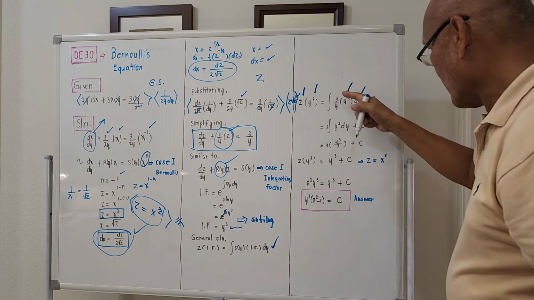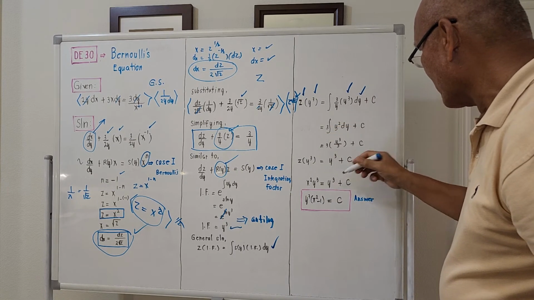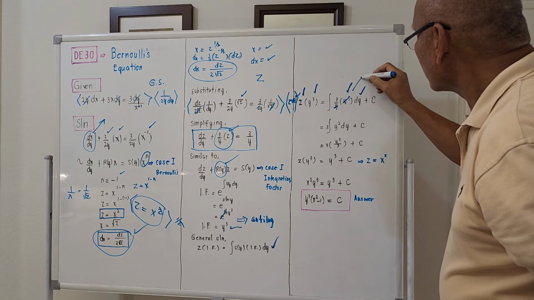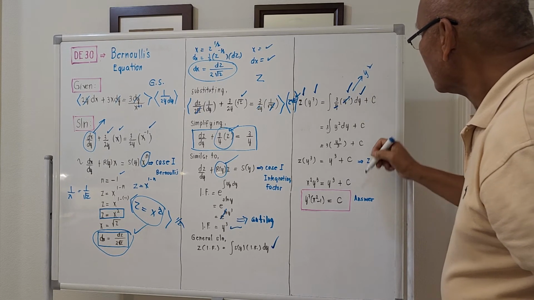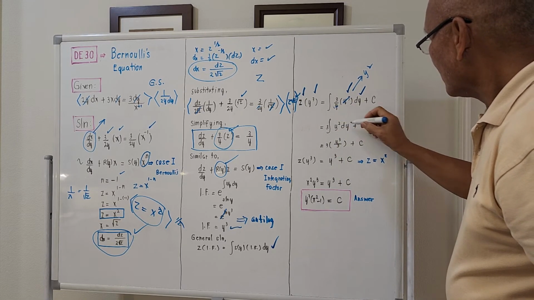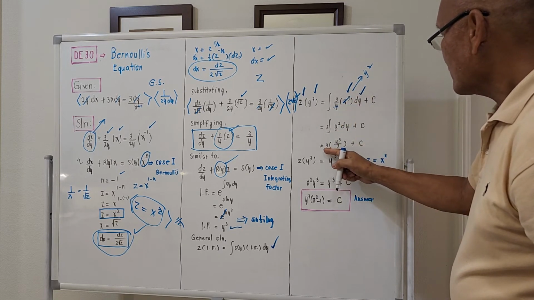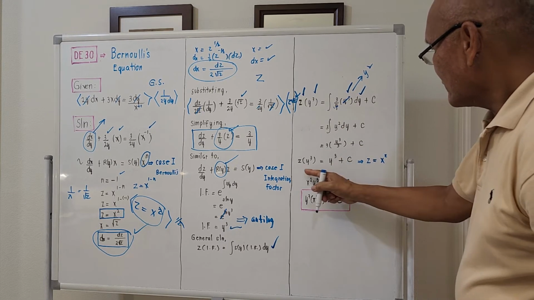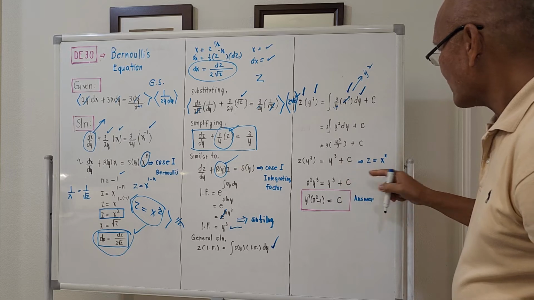Integrating the right hand side, we bring out the 3, the y cancels with this, and what remains is y squared. So it is 3 times the integral of y squared dy plus c. By the power formula, this is 3 y cubed over 3 plus c. That is z y cubed equal to y cubed plus c.